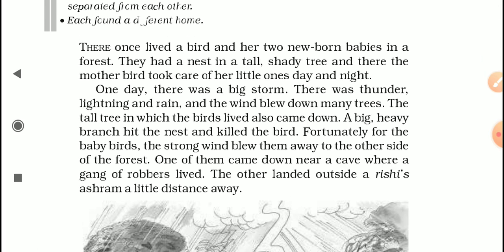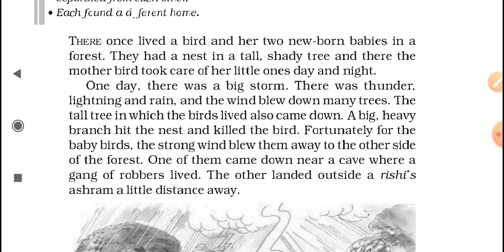There once lived a bird who had two newborn babies in a forest. They had a nest in a tall, shady tree, and there the mother bird took care of her little ones day and night. So there are some new words. Newborn means babies who were born very recently. Nest means the living place of a bird, ghosla.